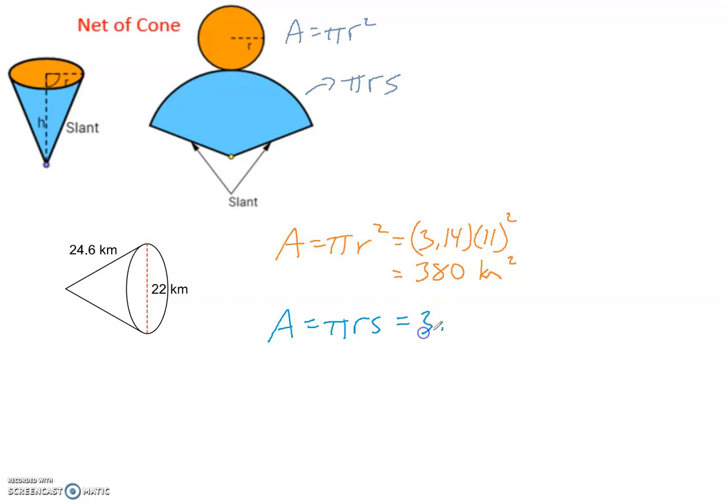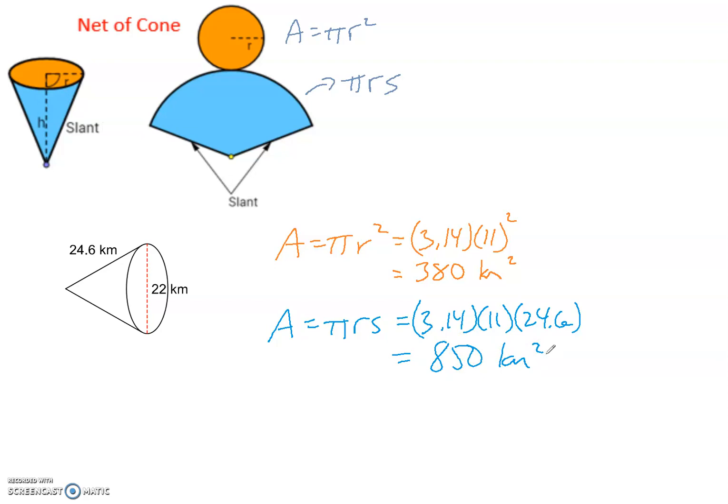So we're going to use pi r s to find the area. Pi, of course, is 3.14. My radius, of course, is still 11. And then I'm going to use my slant value of 24.6 in order to calculate my area of the bluish type part. And that would give me about 850 kilometers squared.